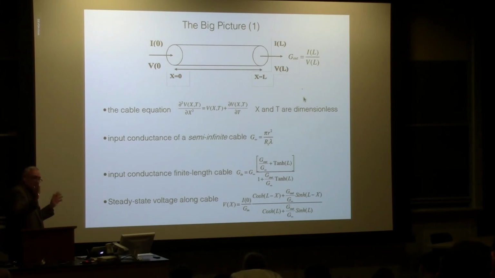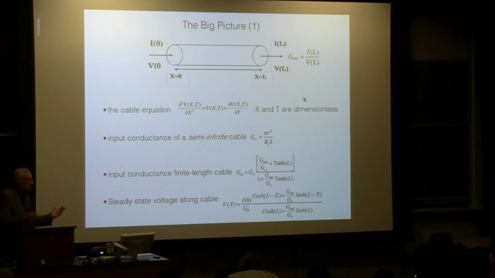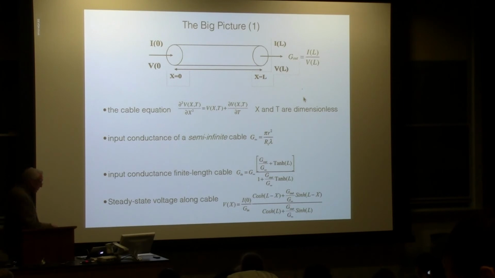It's on Blackboard, and you can dig into the tome to your heart's delight, and then we derive how to get transient responses along this cable in response to just about any kind of input. But all I'm asking you to know are steady state responses, because that's enough to really drive our intuition about how neurons work. So that's what you need to know.